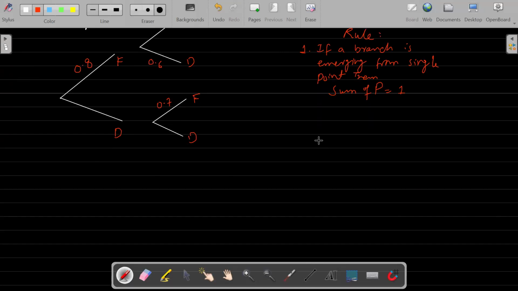Second point is that if we are going to calculate branch probability, we have to multiply their probabilities.